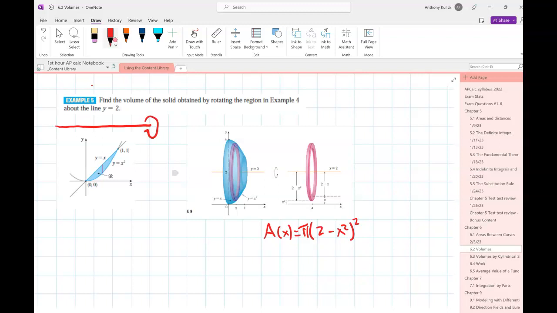And then the inner radius is going to be starting at the line y equals 2 and going to the inside function. That's y equals x. So 2 minus x, squared. Everybody okay with that?